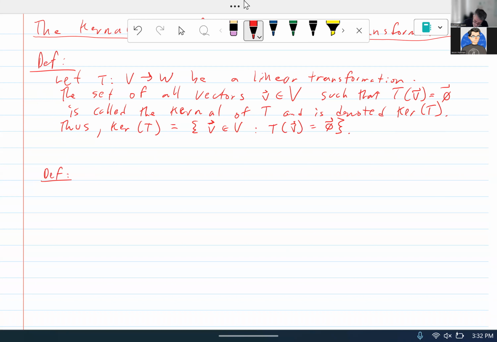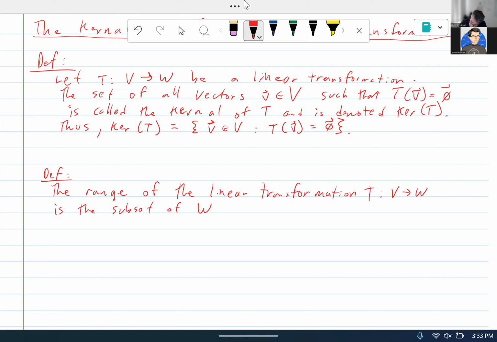The range of the linear transformation T as V goes to W is the subset of W consisting of all transformed vectors from V.